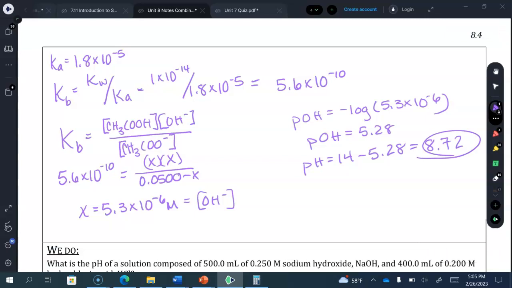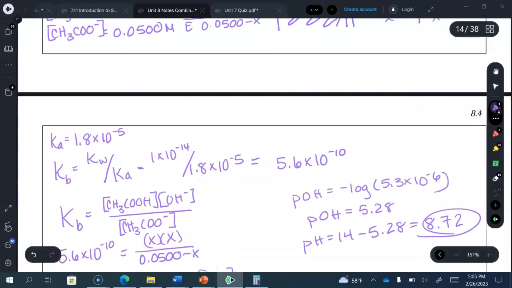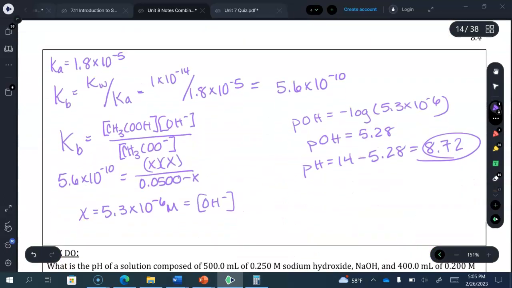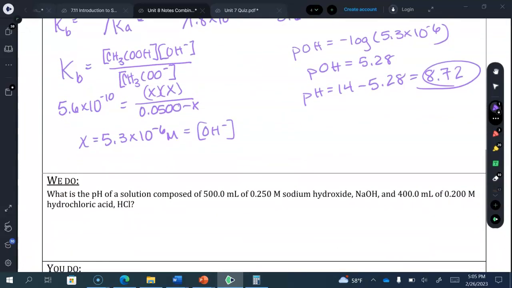It's a little long, and I will say that on the AP test, they will scaffold this. This would not be a one-point question. It would be broken up into several steps. So it'd be multiple steps over the whole thing.